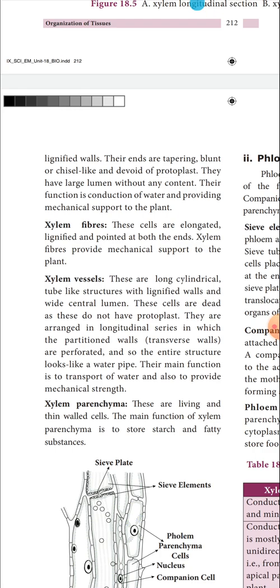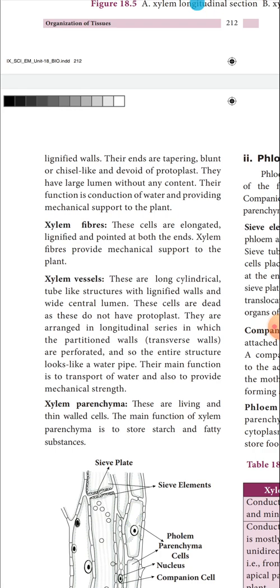So what is meant by dead cell? Children, in a plant cell, outside is the cell wall as an external covering, and inside the cell wall, the cell membrane or plasma membrane is present. Inside the plasma membrane, a jelly-like substance called the protoplast is present.